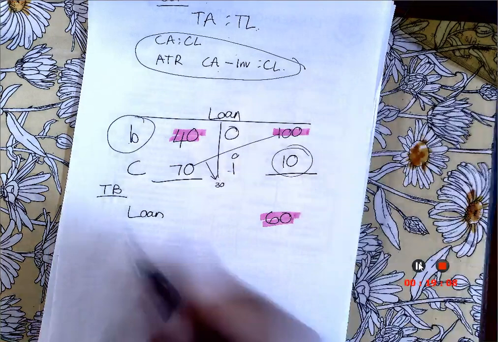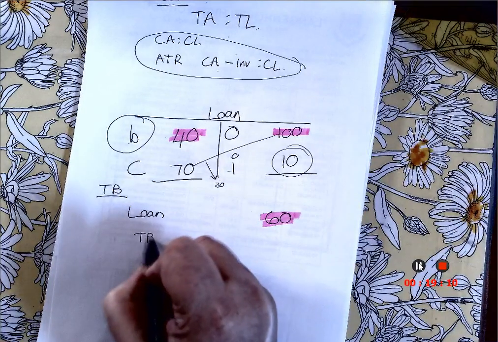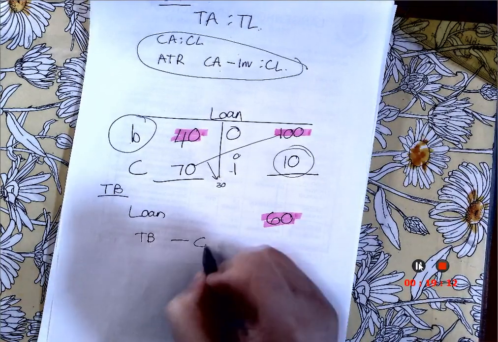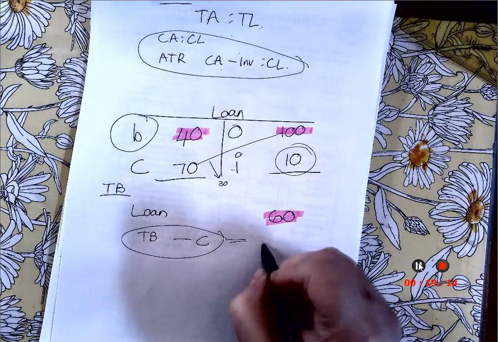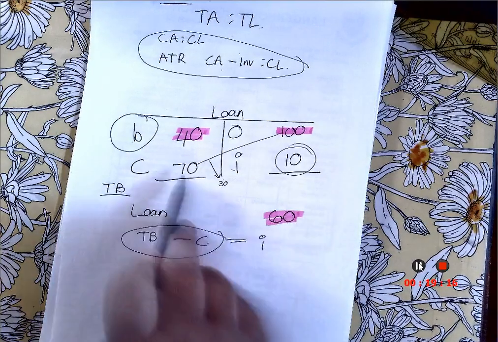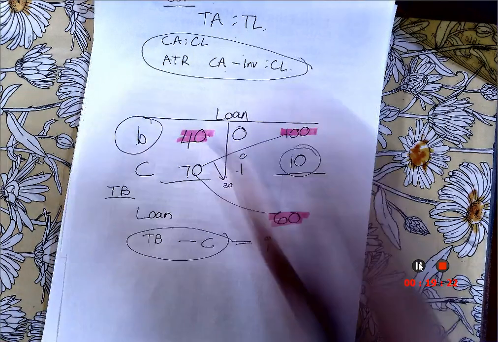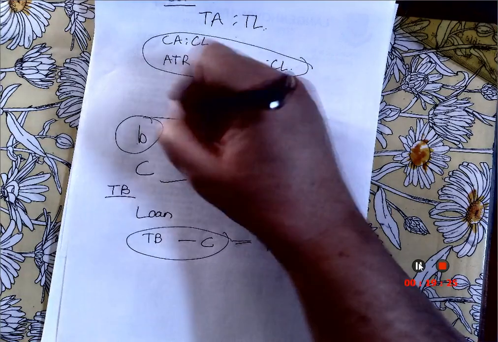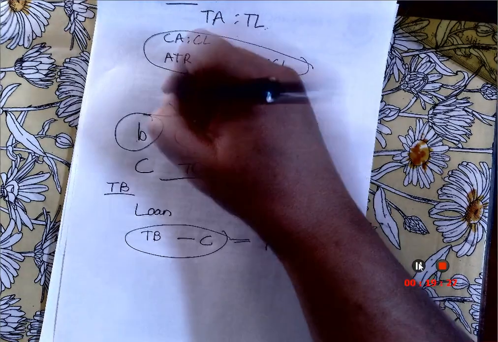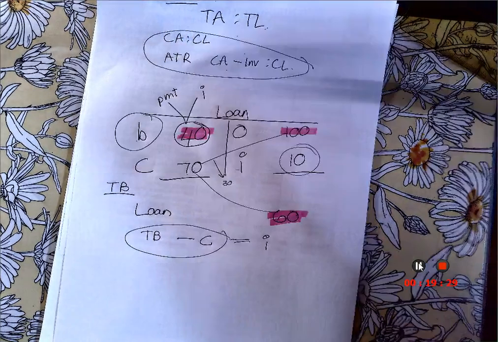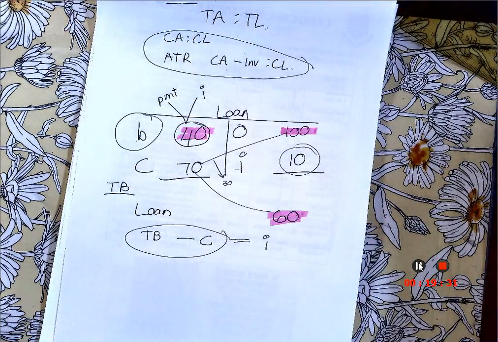Can you see that the amount in the trial balance less the closing, the 60 and the 70, gives me the interest? Then also that 40, can you see that 40 is the interest and what I paid back on the loan? Okay.